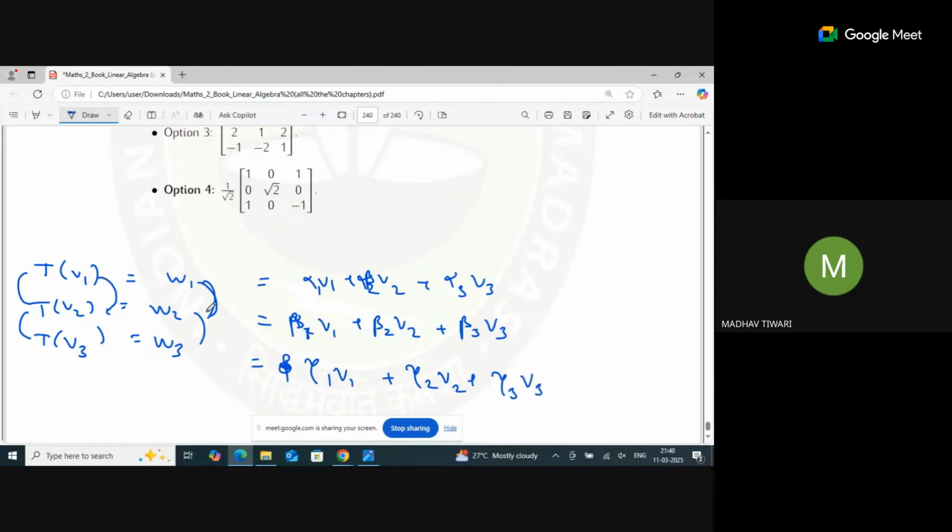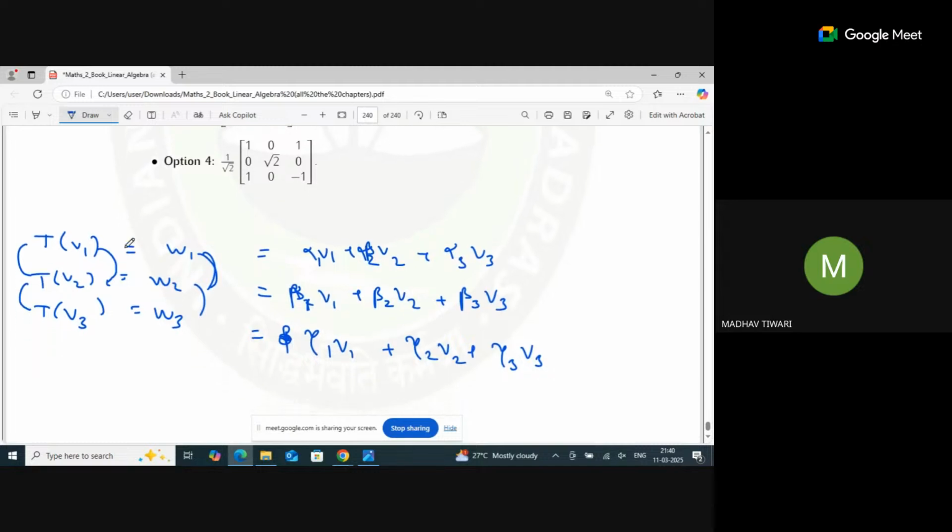So here you can see I transformed three vectors and their transformations look like this. If they are already orthogonal, or orthonormal, let's say orthonormal, it will be easier. If I do the dot product of V1 and V2, it will be 0, right?